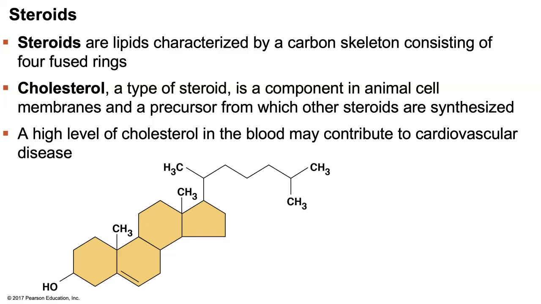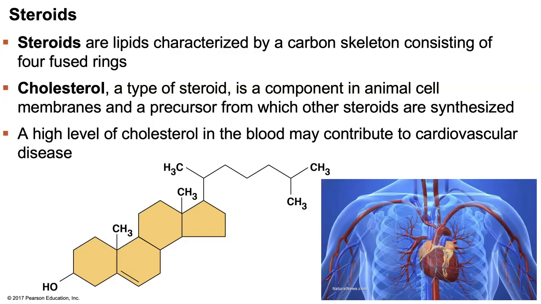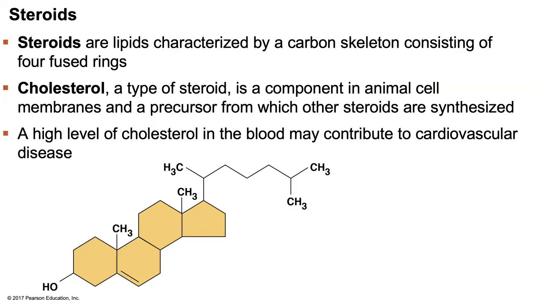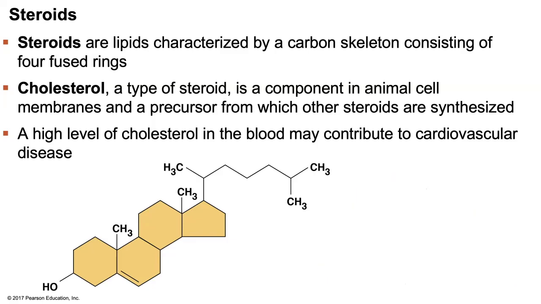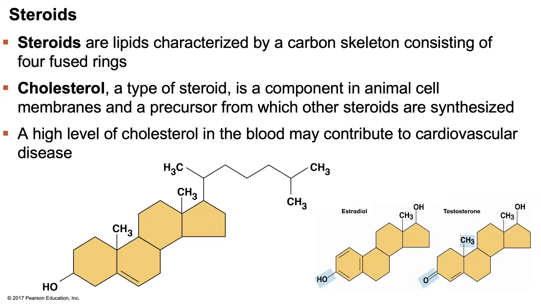High cholesterol levels are believed to contribute to cardiovascular disease. Cholesterol is one type of steroid. It is a component in animal membranes and a precursor for other types of steroids that we can make in our body, for example, estrogen and testosterone. Again, notice that 4-ringed structure in all of these molecules. That's what makes it a steroid.